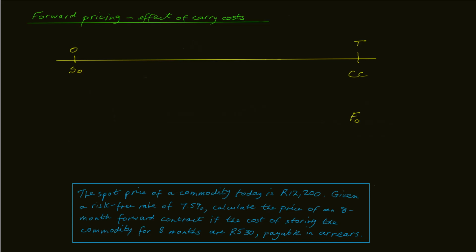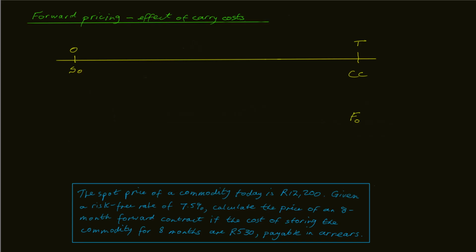The way to correctly include these carry costs is to add them to the spot price at T0 and then to determine the future value of what we will call the adjusted spot price.